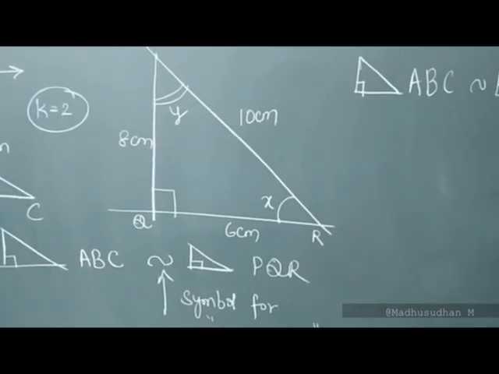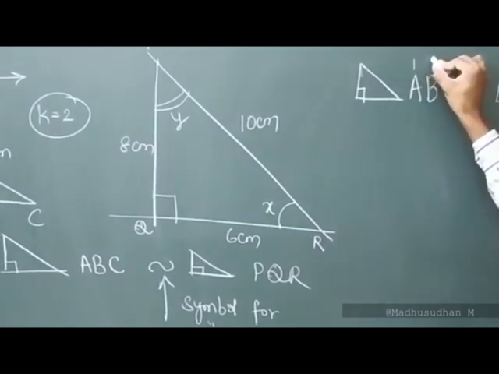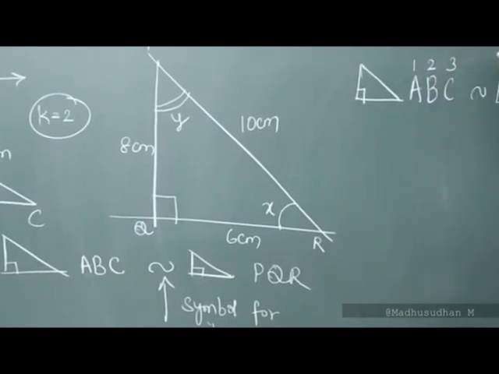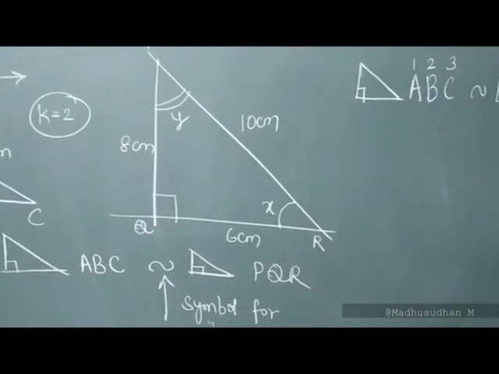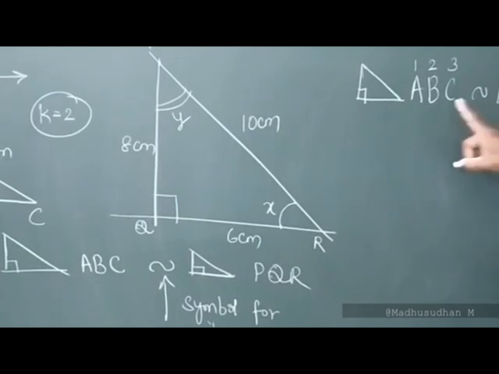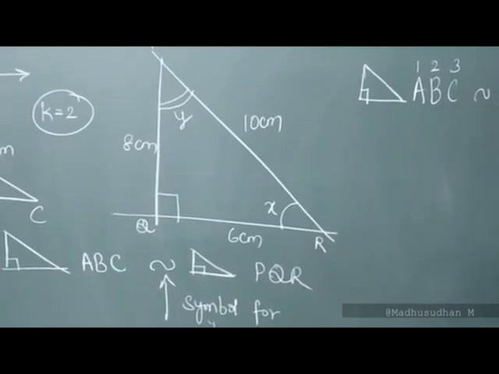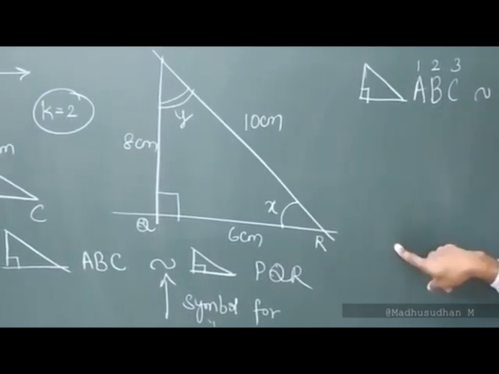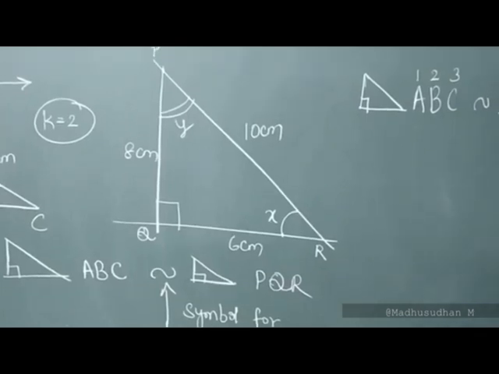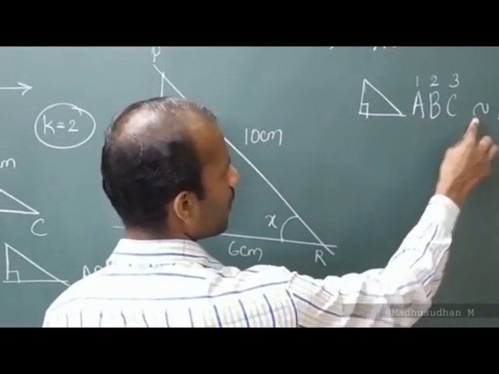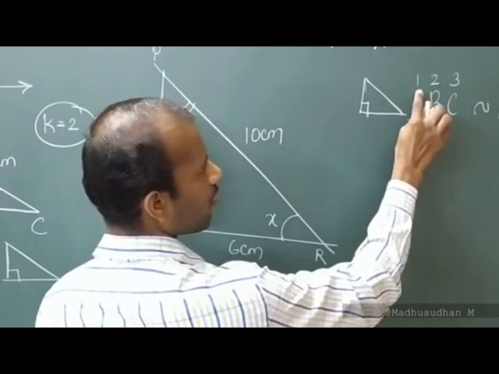So please understand here, if I write this as 1, 2 and 3, this is 1, 2 and 3. So the sides are proportional, right? The corresponding sides are proportional in case of similar triangles. This is similar triangles now. AB. Take 1 and 2.